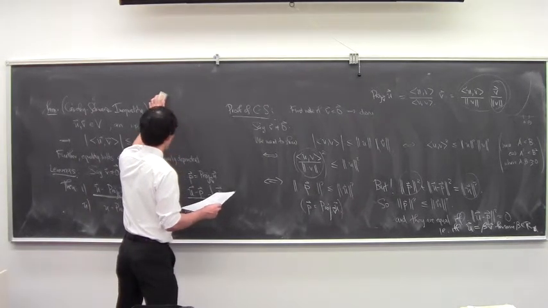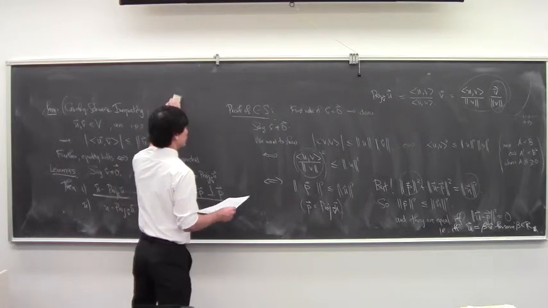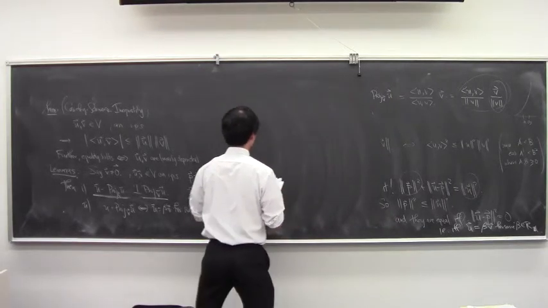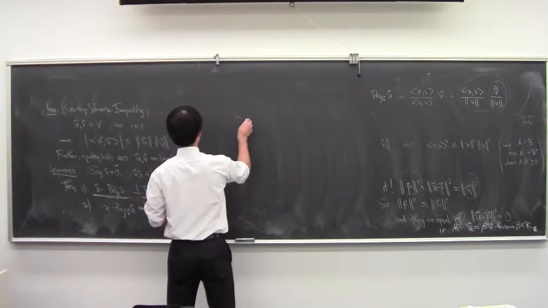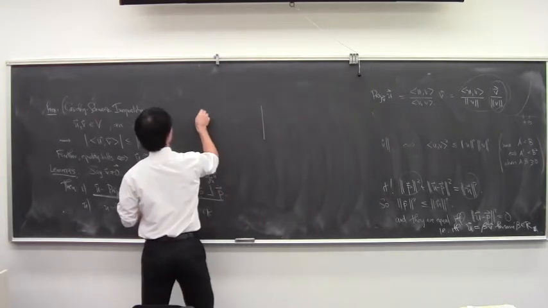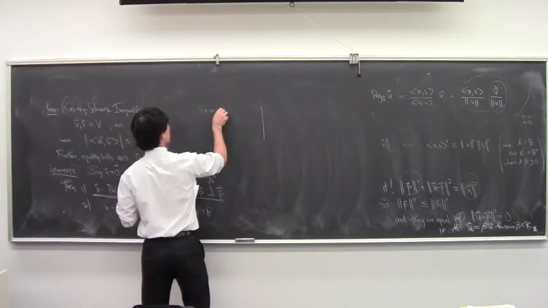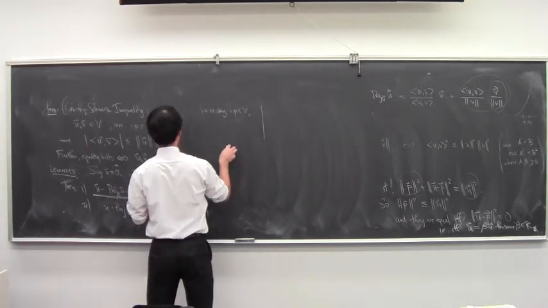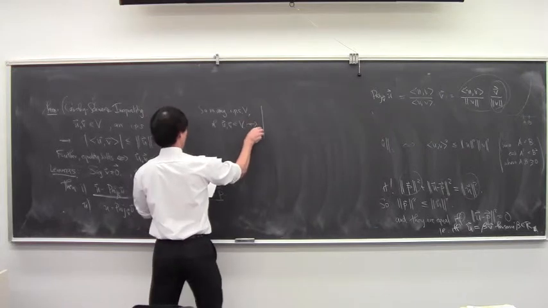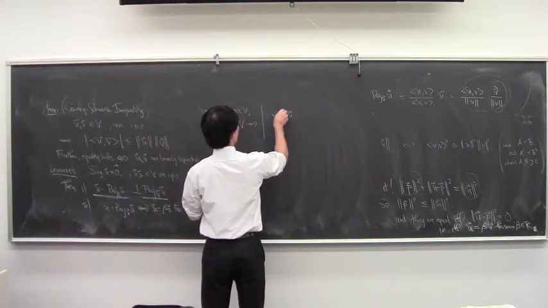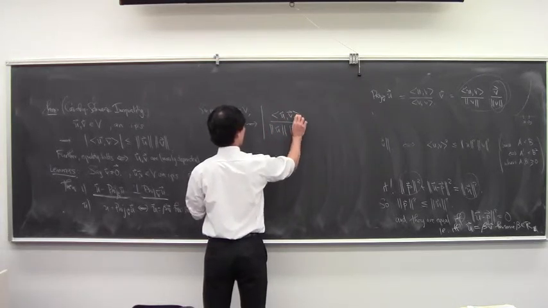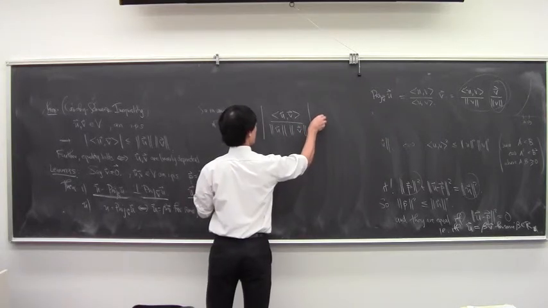Now that we have the Cauchy-Schwartz inequality, in any inner product space V, if you have two vectors in V, then the magnitude of the inner product divided by the product of the magnitudes is less than or equal to 1.